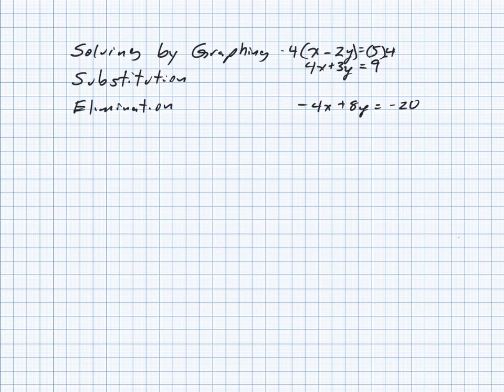The other equation doesn't change: 4x plus 3y equals 9. If I add both equations together, the x's will cancel, and I end up with 11y equals negative 11, so y equals negative 1.